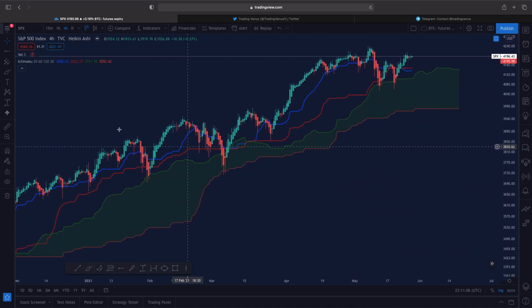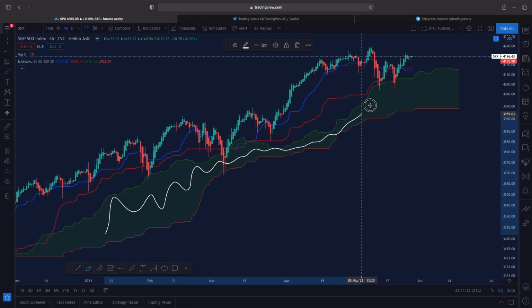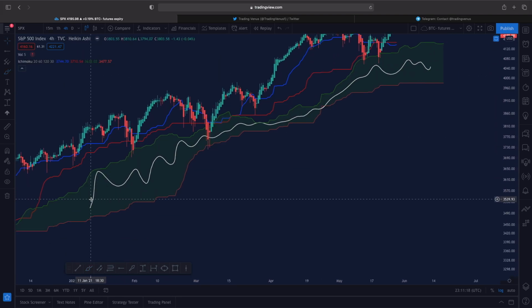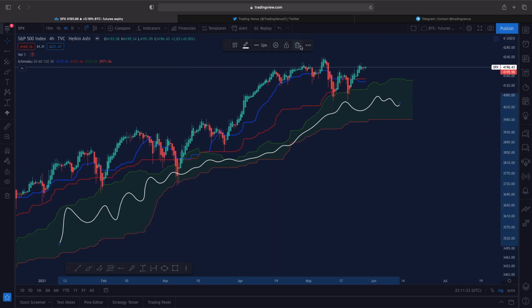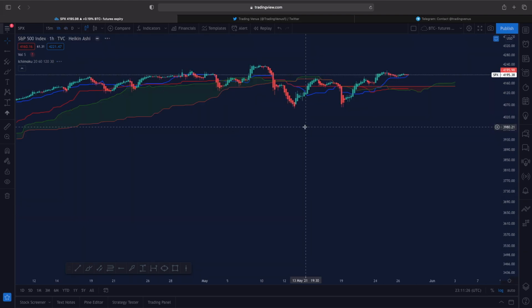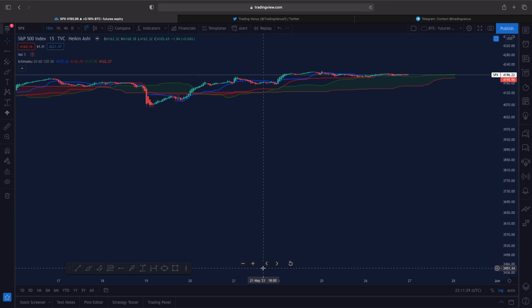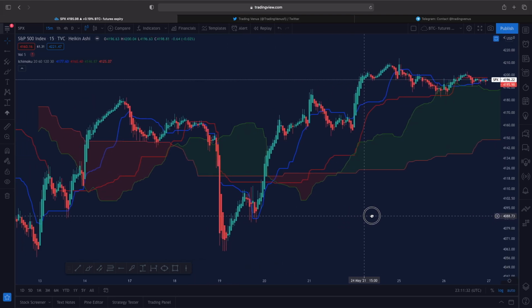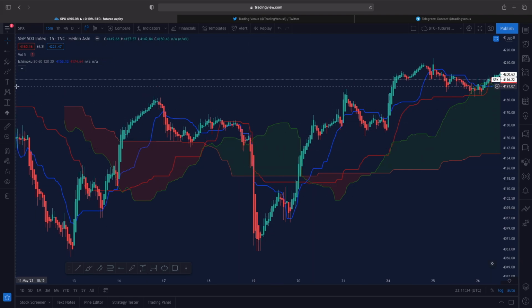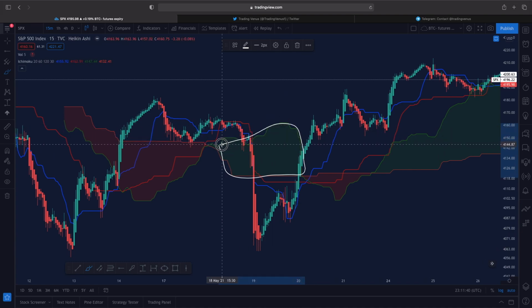And since then we have a very broad green Ichimoku cloud, which meant that we will always have support while we trend upwards. If we go even to the lower time frames, as you can see, for example here, we had a huge support, but as I mentioned earlier, we look at all the aspects of the Ichimoku cloud.